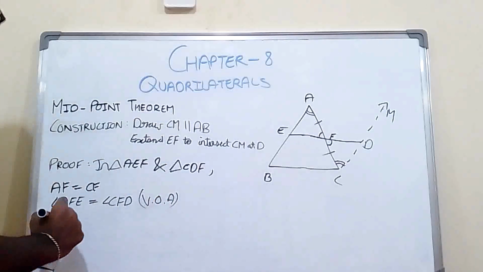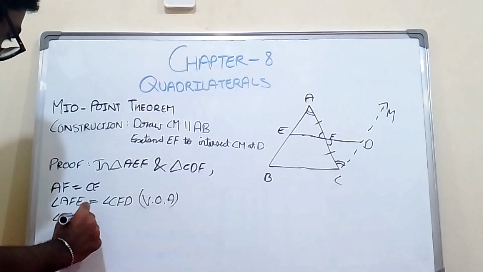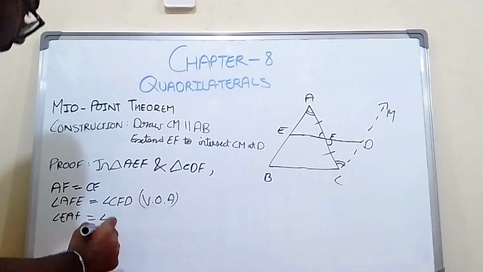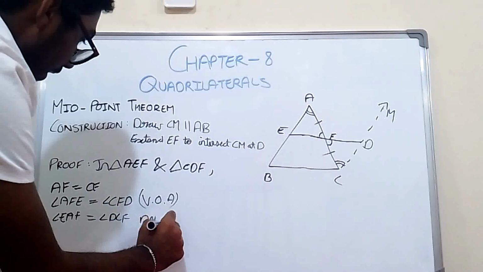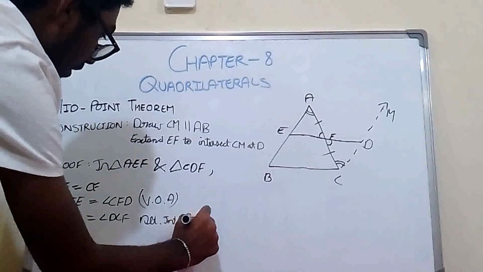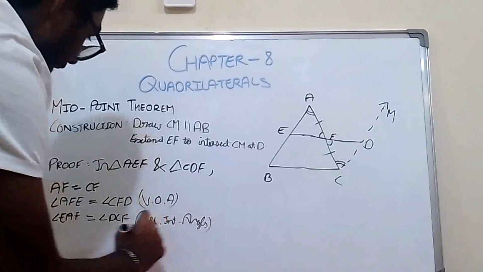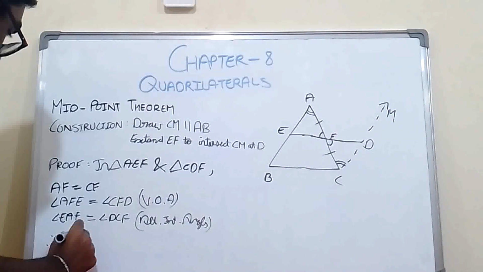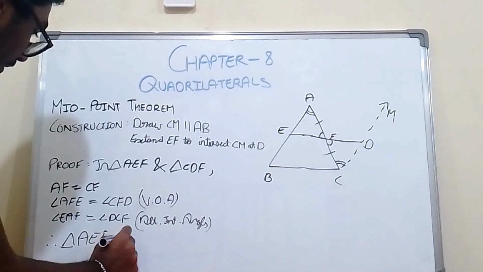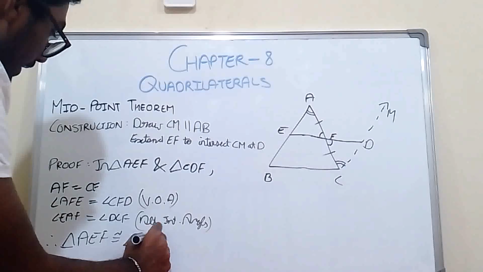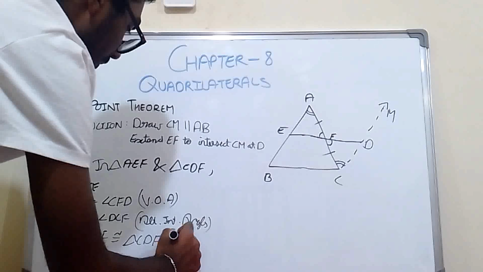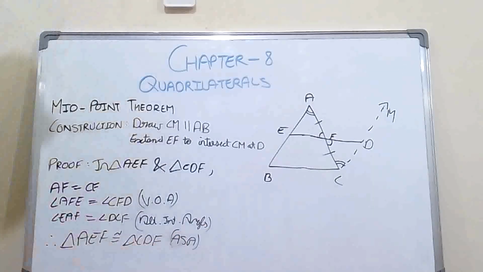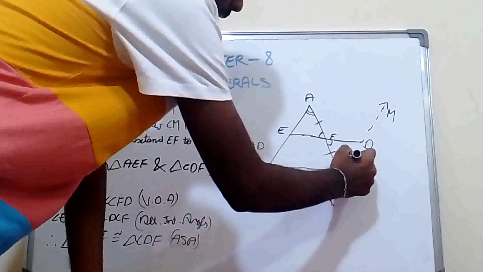And then we have angle EAF equal to angle DCF because of alternate interior angles. Therefore, triangle AEF is congruent to triangle CDF because of ASA.